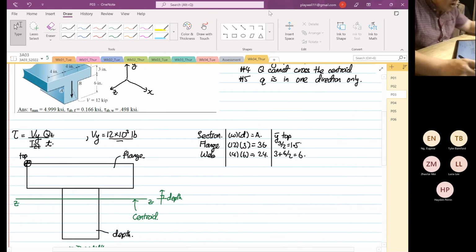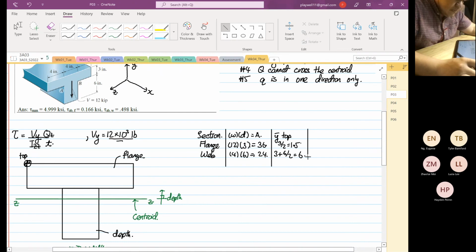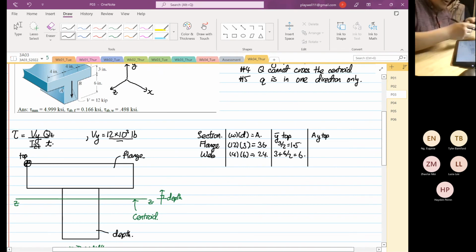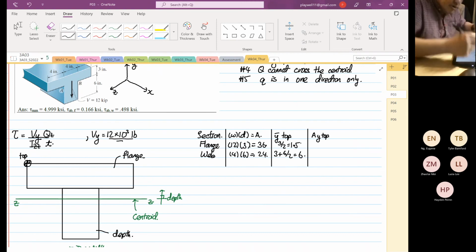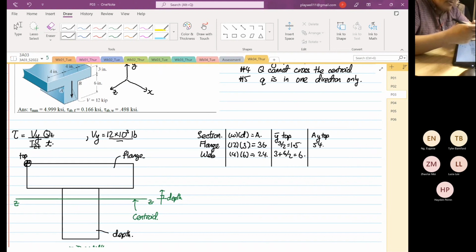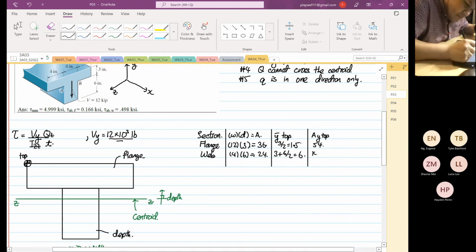Okay, then the next column is where we have our A y top. So 36 times 1.5 is equal to 54. So 12 times 3 times 1.5 is 54. 4 times 6 times 6 is equal to 144.